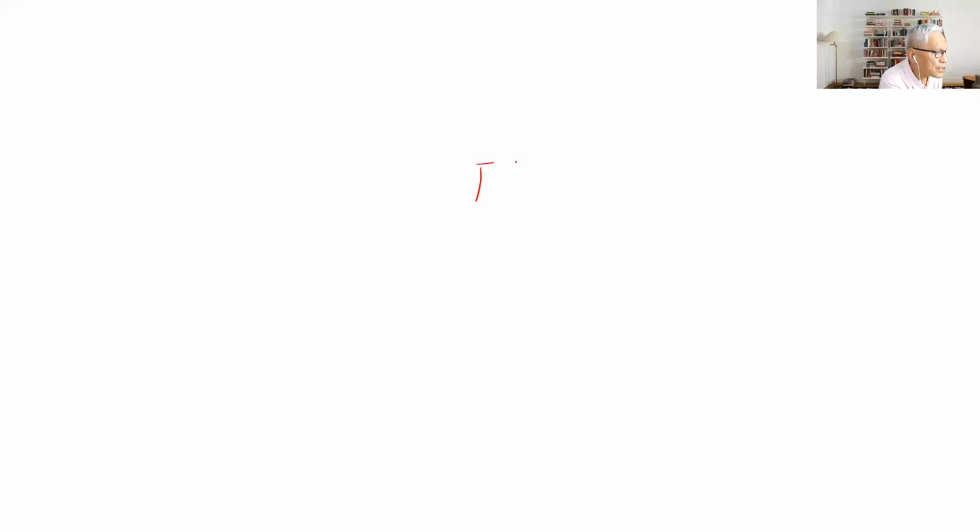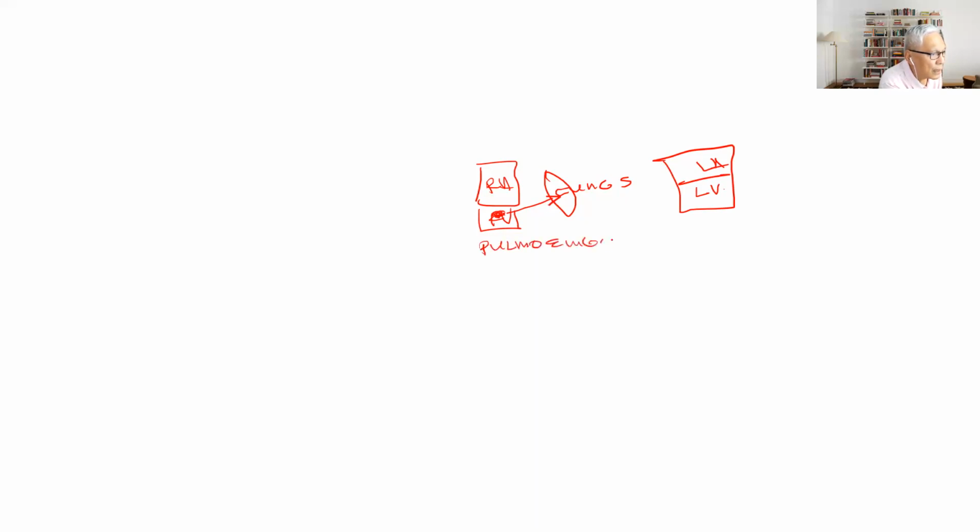Okay, so if this is the right atrium, and this is the right ventricle, and the lungs are right over here, and left atrium, and left ventricle. If blood clots come from the right side of the heart, like the right atrium or the right ventricle, they're usually filtered by the lungs, so it causes pulmonary embolism. However, in patients with atrial fib, the blood clots form on the left side of the heart.